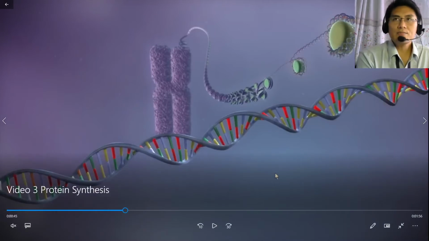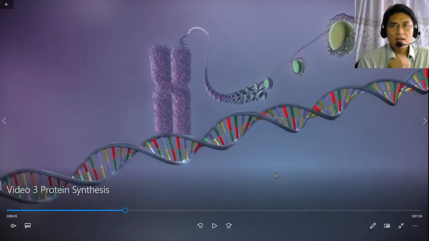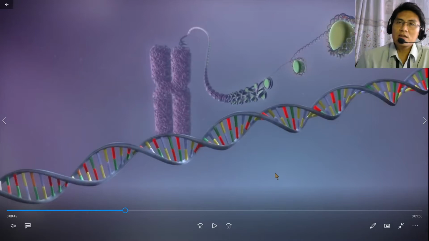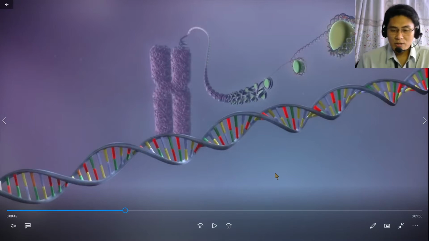So, say for example, it's an encyclopedia of recipes, and the recipe that you want to make, in this case the protein you want to make, is a sauce, a marinara sauce, for example. And let's say that recipe is in volume number 5, page 20 to page 40.